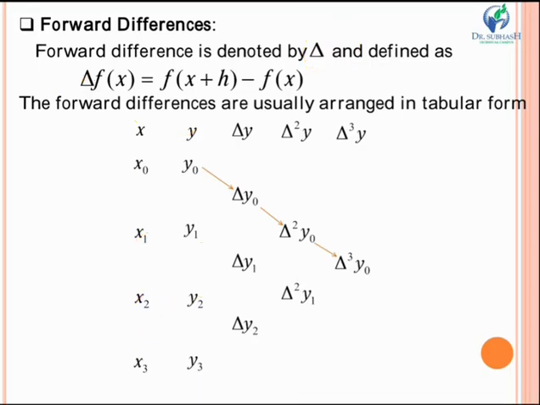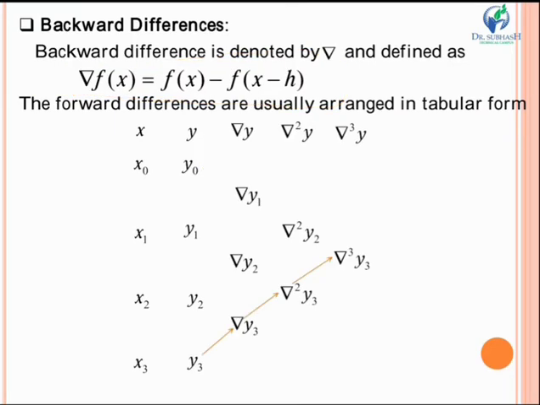So when we are using forward difference formula, we are taking the upper values. Each value from the top we will be taking, and we will need to remember this formula, delta f(x) = f(x + h) - f(x).